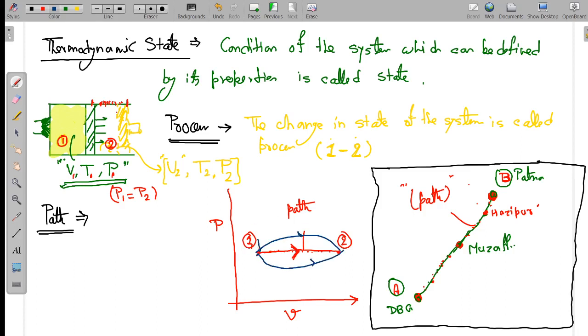For this path, firstly I go upward, then come downward.